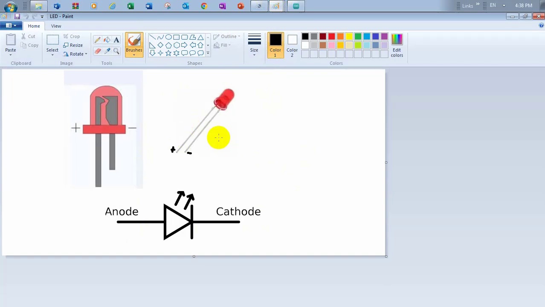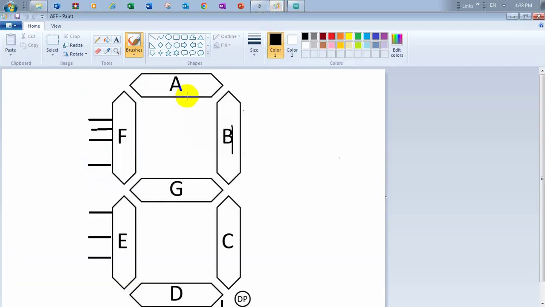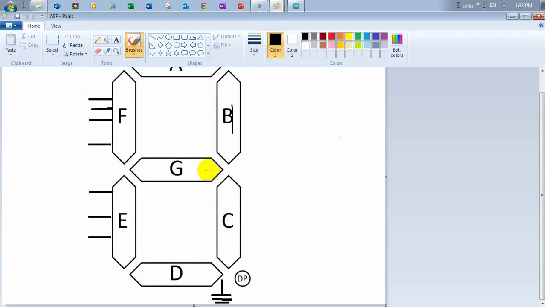So there is a side of these LEDs which is linked to all LEDs or all segments, and it is the ground side, that means 0 voltage.